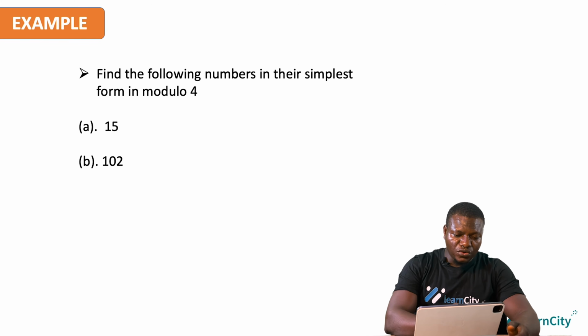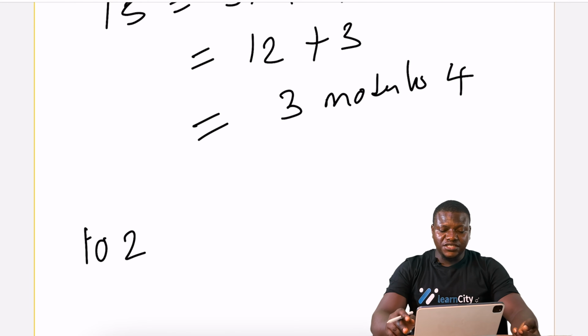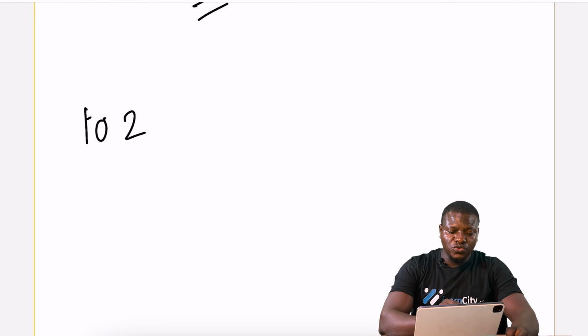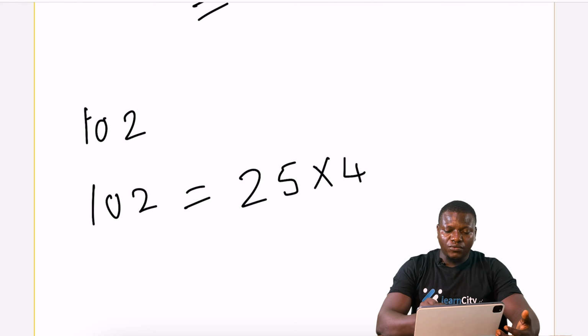Let us also consider the second one, which is 102. We want to find 102 in its simplest form in modulo 4. If we simplify this, we have 25 times 4 plus 2.